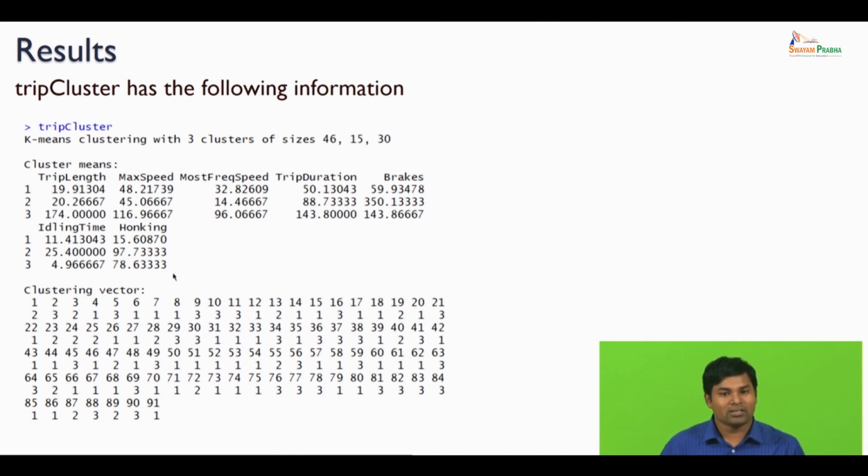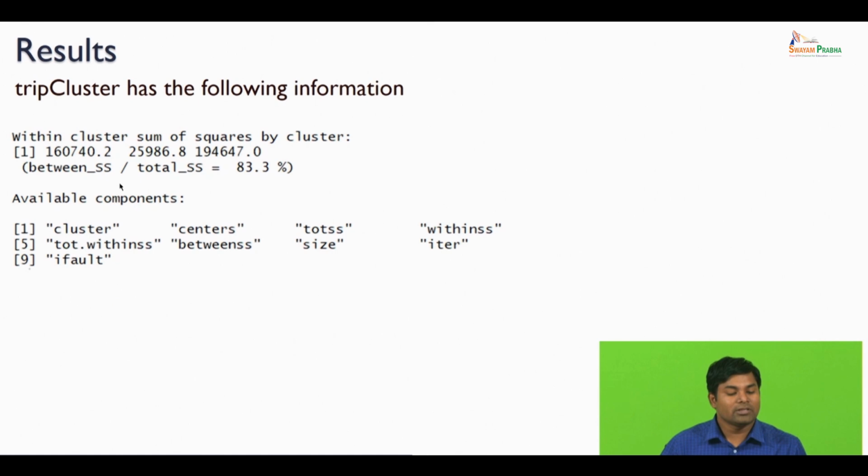This trip cluster has some more information, which is known as within cluster sum of squares, and if you see, this contains 3 elements. That means it gives us how much variance there is in each of these clusters. The lesser the variance, the better the clusters. It also gives other components that you can look at from the trip clusters.